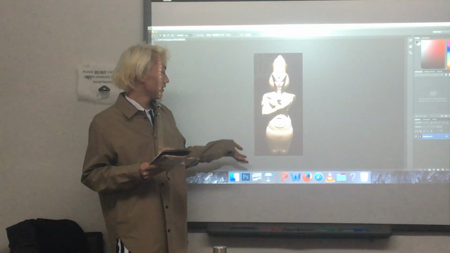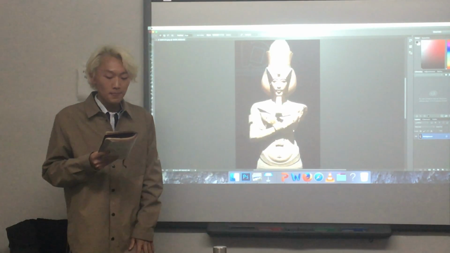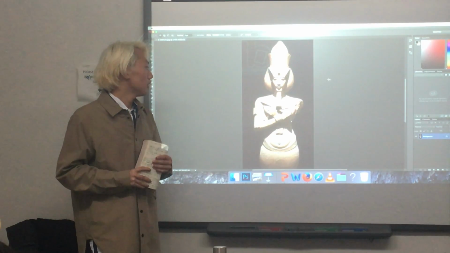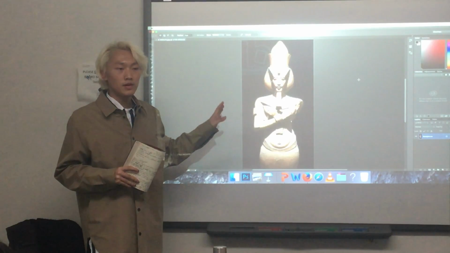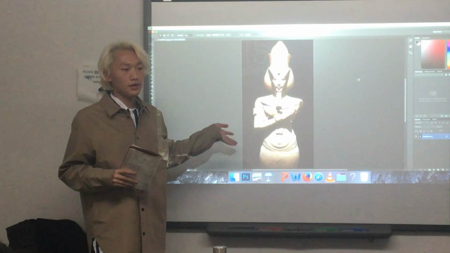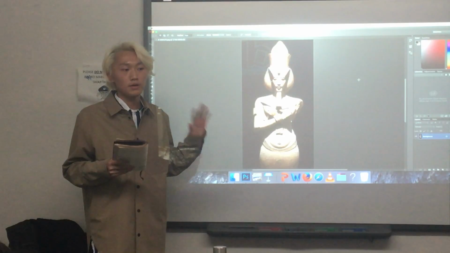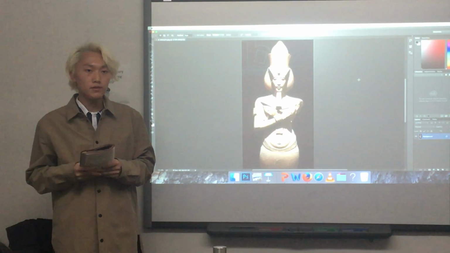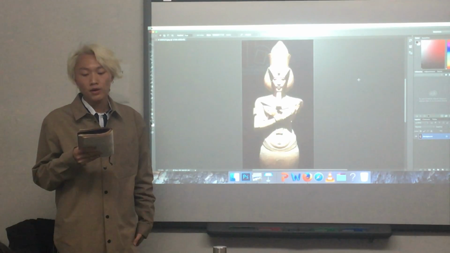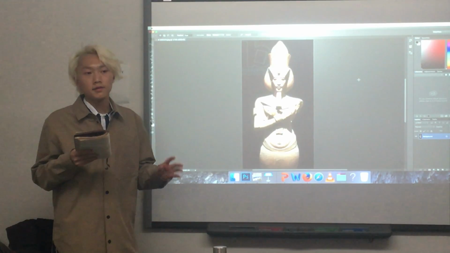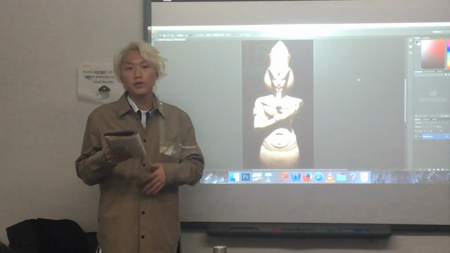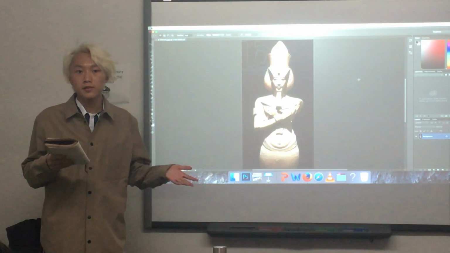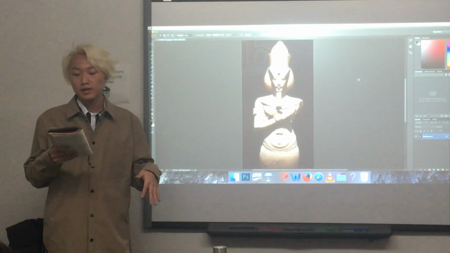And this is Akhenaten. During the time of Akhenaten, this statue was made. There was a revolution of religion, because Akhenaten abandoned all the old gods and instead turned to believing in Aten, the only god.